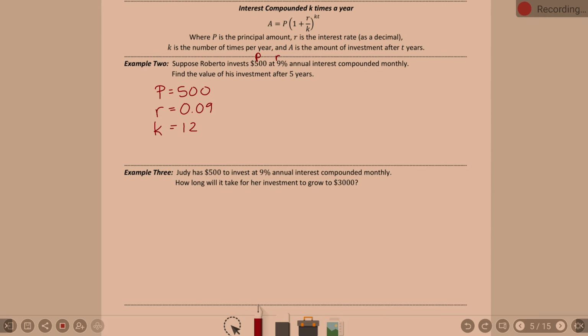K is 12 because how often are we compounding? Monthly. And how many months are in a year? 12. And then T is 5. The question is find the value of his investment, so find A. So we are using the provided equation, A equals P times 1 plus R over K to the KT.